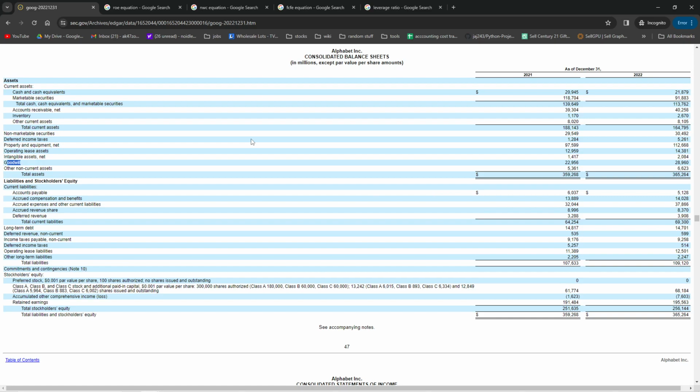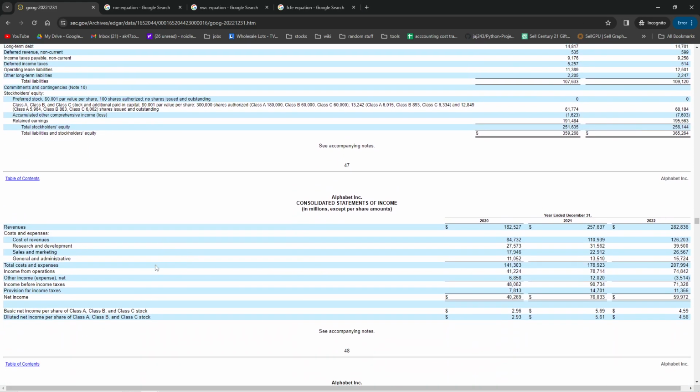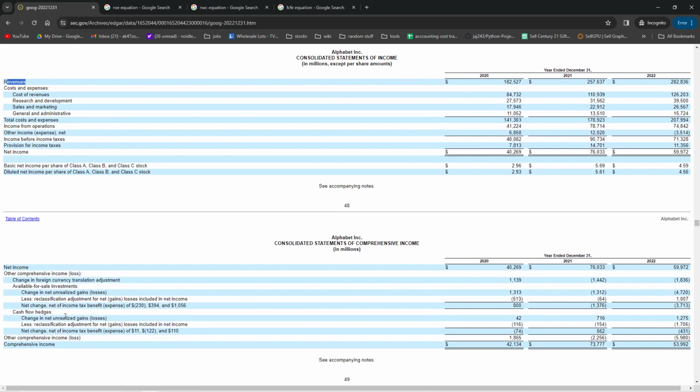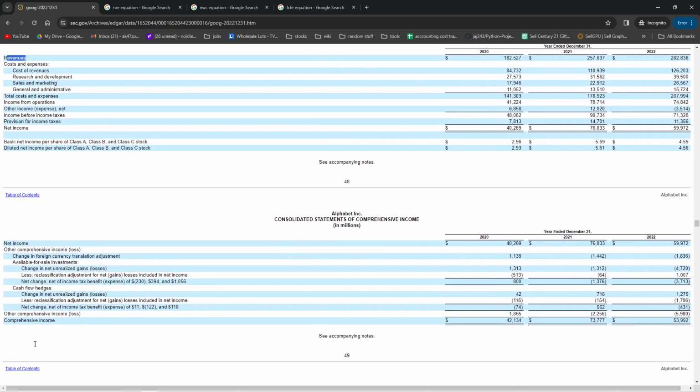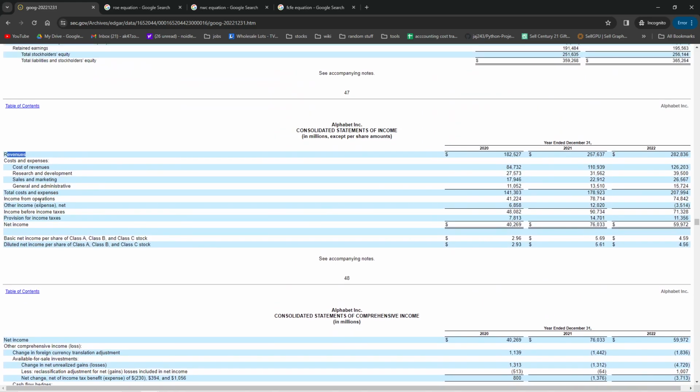The next major thing that I want to talk about is the income statement. There's kind of a waterfall going on here. It starts with revenue, it goes into operating income, which this particular part of the statement doesn't have. Oh, income from operations right here.